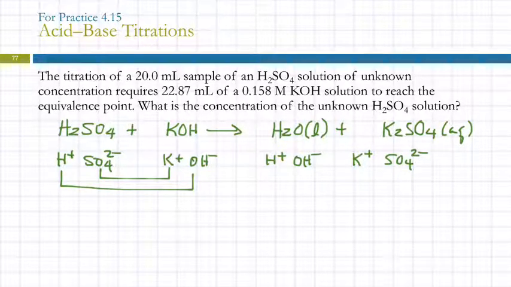Is this balanced? No. Over here, I've got 2 potassium ions, and here I've only got 1. So I need 2 of those. And then if I count up the hydrogens, I've got 2 hydrogens here and 2 there.